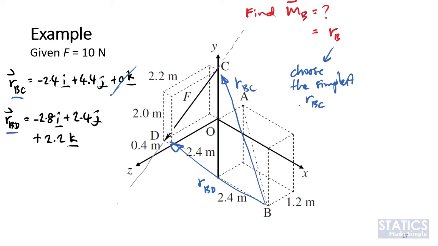For this particular example, we will try both to show the effect of choosing RBD instead of RBC. That's what we are going to do.